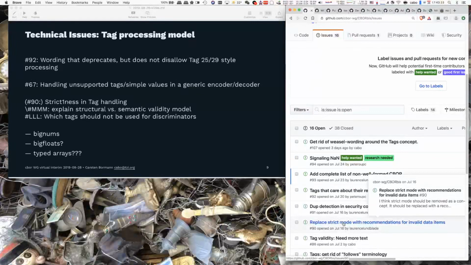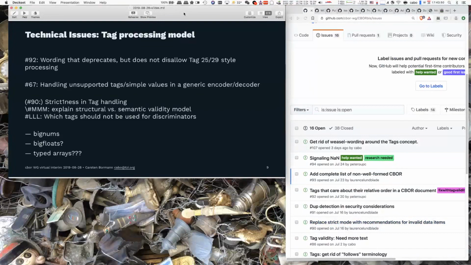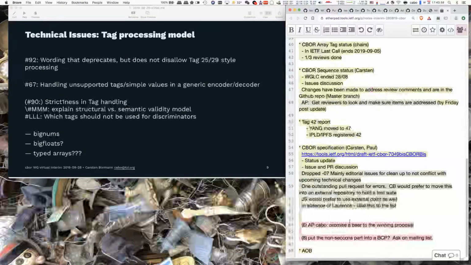And to be able to do that, we need to be able to, first of all, talk about structural versus semantic validity, but there may be other things that you want of your generic decoder that are worth discussing here. So what do we note down here?